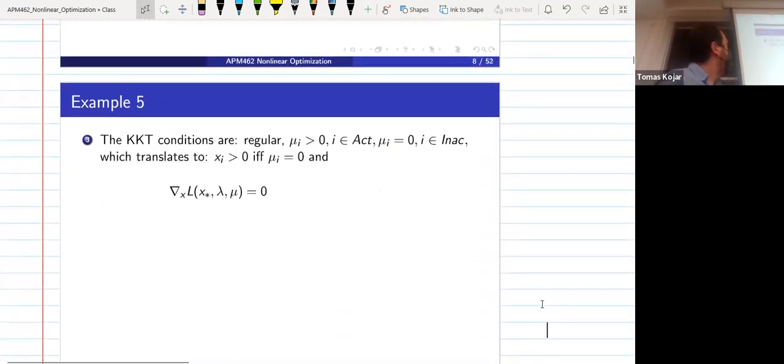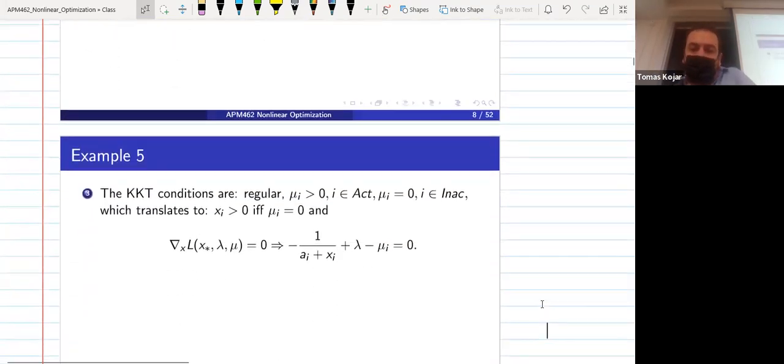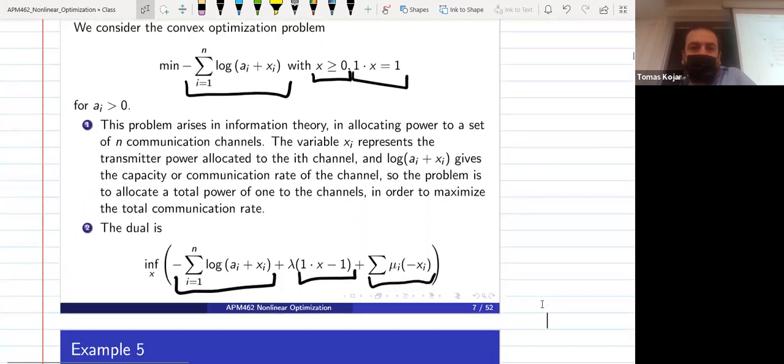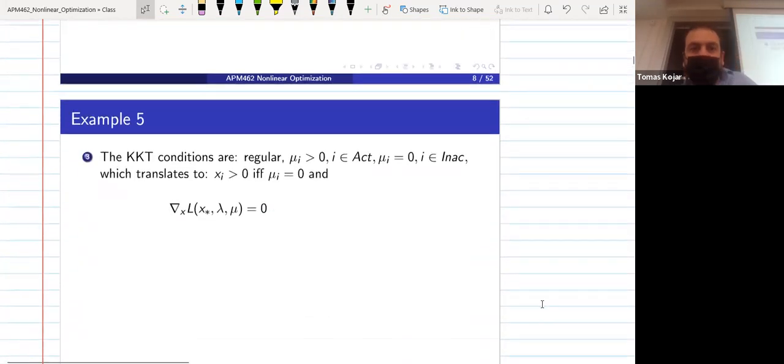Right, so let's start with this one. You need stationarity, so you compute that. Let me do it with you: minus log plus 1, x plus mu.